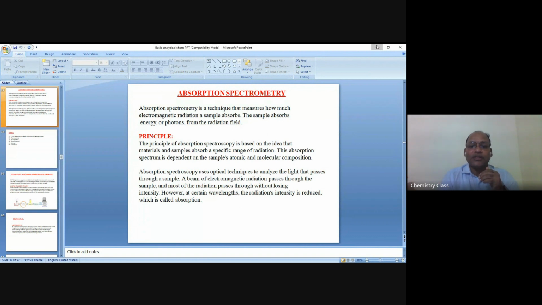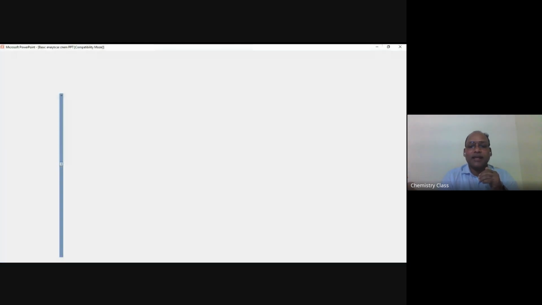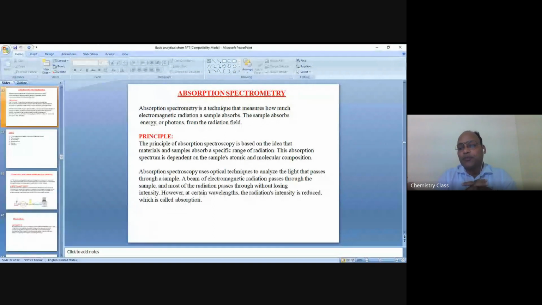The principle of absorption spectroscopy is based on the idea that a material or sample absorbs a specific range of radiations. Let me explain the work of absorption spectrometry: it absorbs a specific amount.